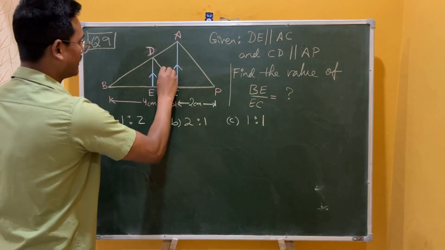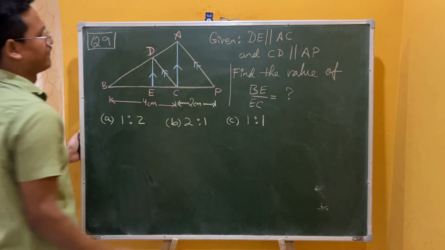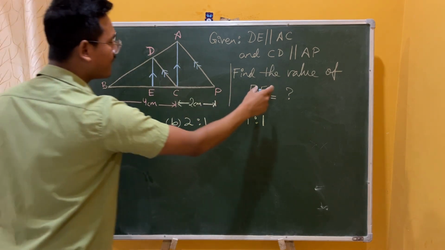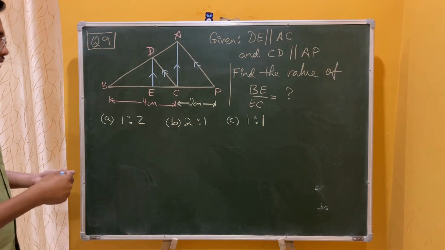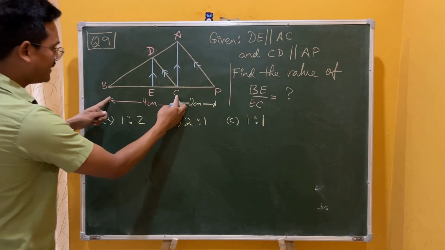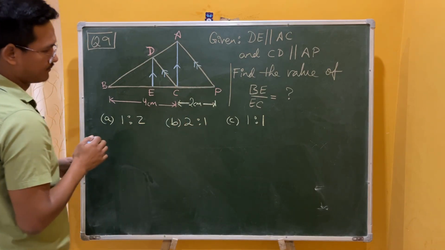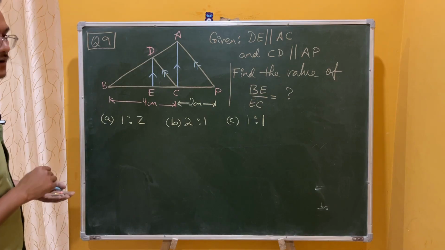Okay, CD is parallel to AP. All right. Find the value of BE upon EC. Also another thing is given that BC is 4 centimeter and CP is 2 centimeter. So out of these three options, one of them is correct.